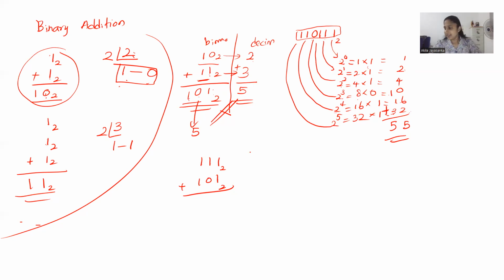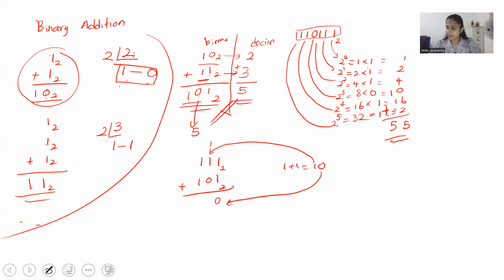Let's add these two numbers. 1 plus 1, what is the value? 1 plus 1 is equal to 1 0. Here we are going to place 0, just like adding decimal numbers. Then the remaining 1 we are going to place here.